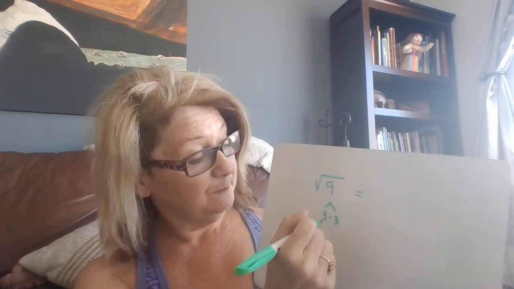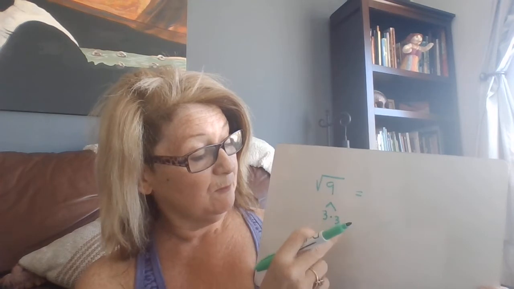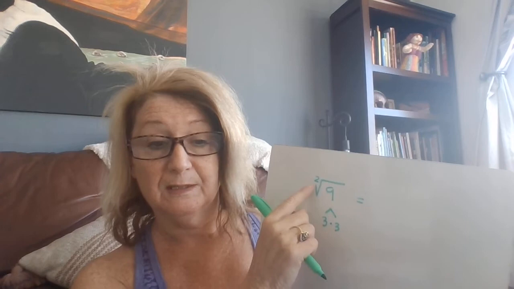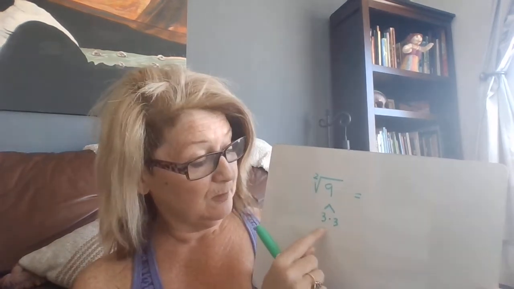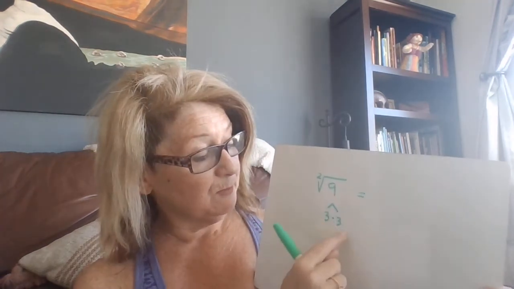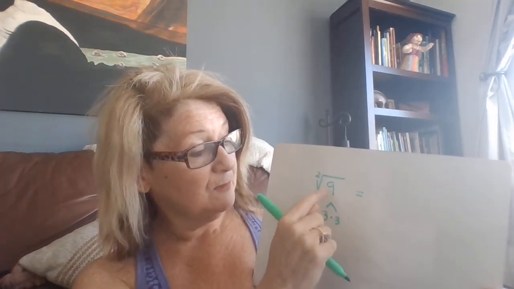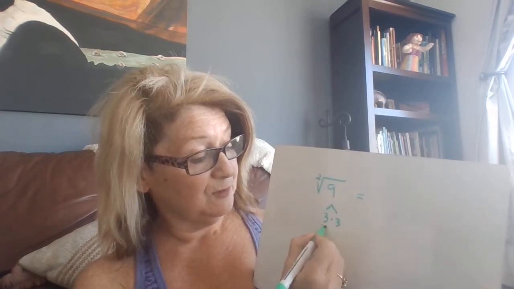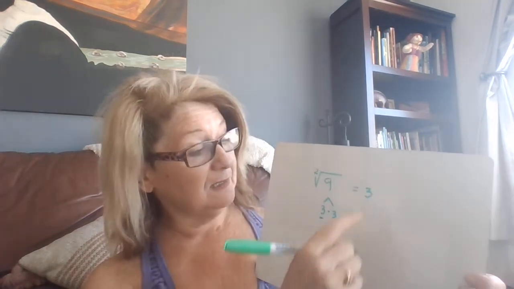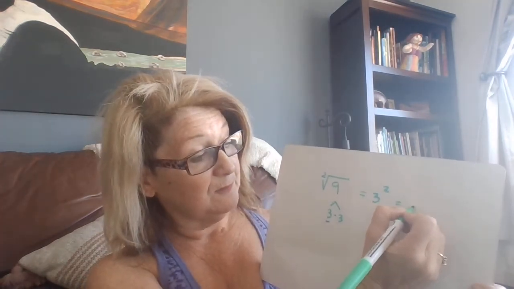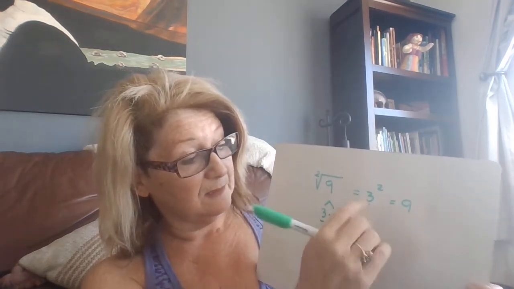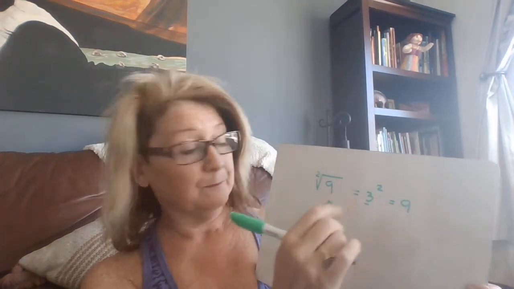We're looking for, if I put a little 2 here, two numbers that are identical, or twins, that multiply together to become 9. So the square root of 9 equals just one of them, 3. And if you think backwards, 3 squared equals 9, right? So the square root of 9 is that 3.